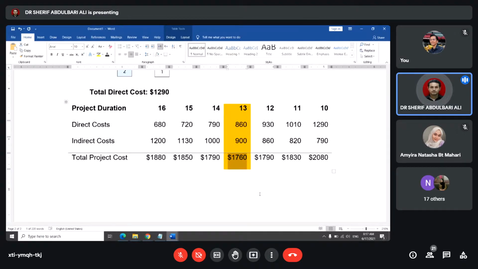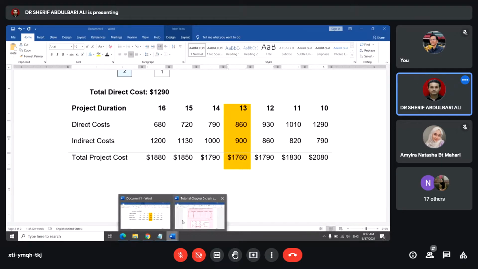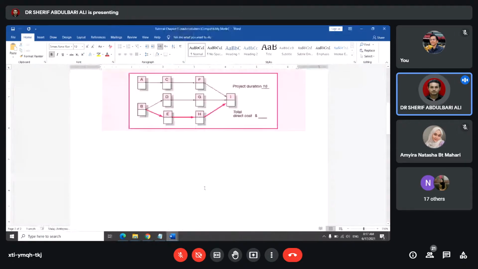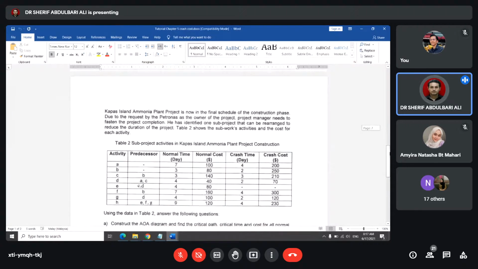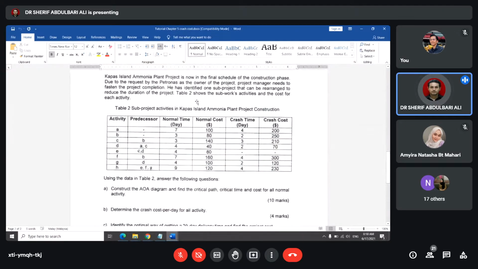Okay, let's see the second question, which somehow came from test two, but I'm not sure which semester it is. So here it is talking about the ammonia plant process, and during the final schedule for the construction phase, there's a request from Petronas as the owner of the project. The project manager needs to fasten or crash the project's completion, so they want it to be a little bit faster.